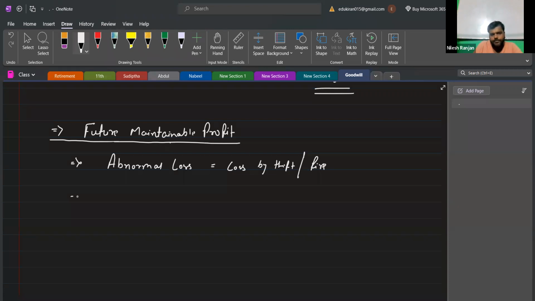Abnormal income: sometimes the government gives a grant, or there is profit on sale of assets.